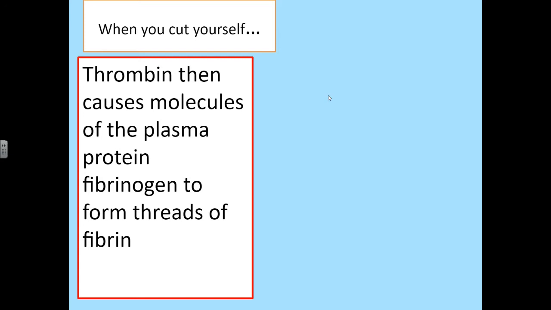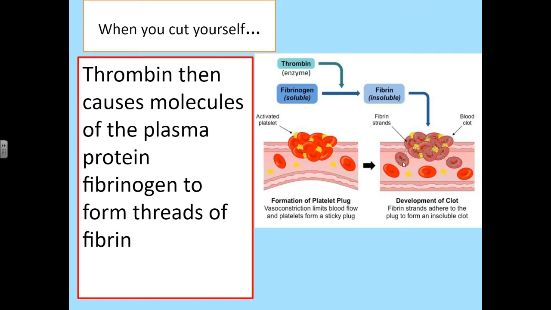So again, clotting factors cause prothrombin enzyme to become thrombin. The thrombin enzyme can then turn proteins called fibrinogen in your blood plasma into fibrin. So fibrin is what gives you this big fibrous mess of red blood cells and other stuff that gives you a scab. So clotting factors, prothrombin to thrombin, fibrinogen to fibrin.